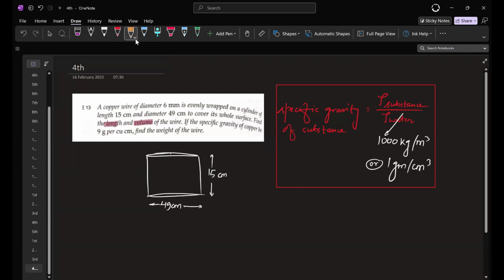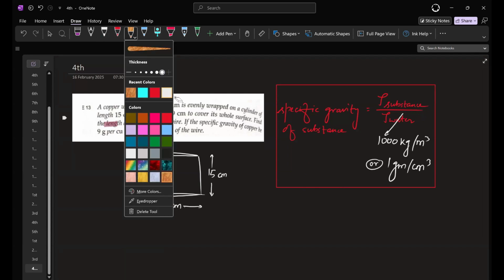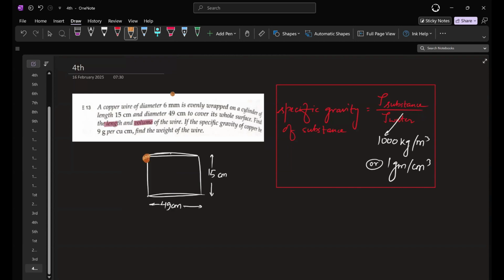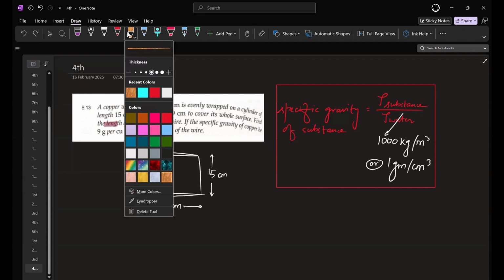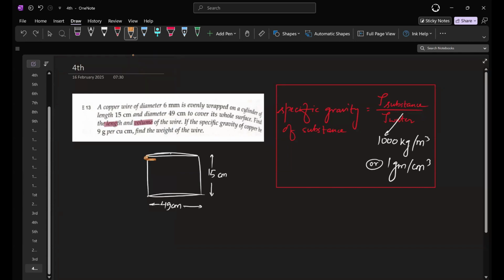So let's assume that this is the copper wire which is wrapping this cylinder of the given dimensions, like this, and the last layer would look something like this.